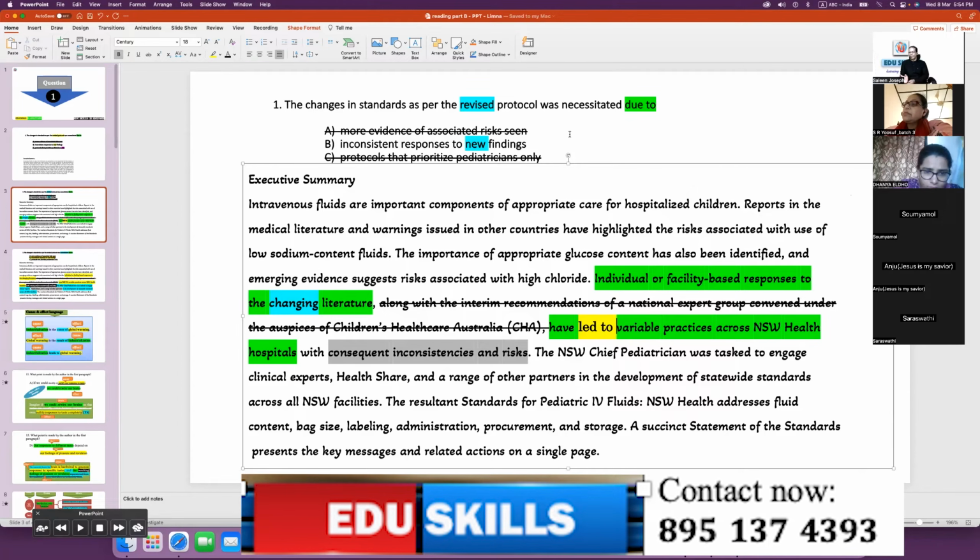They had varied responses, different types of responses. That's what necessitated it. That response is the cause, and the revised protocol is the result. Do you get me? In the initial sentence they speak only about the risks and other things. Then they said this was all necessitated because of these issues. So individual or facility-based responses have necessitated, have become the cause of, the revised protocol.